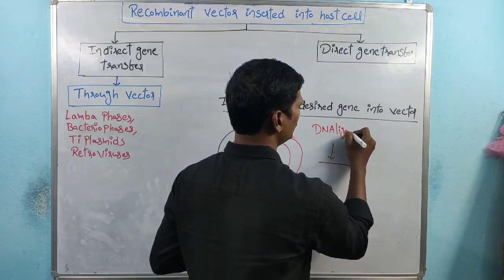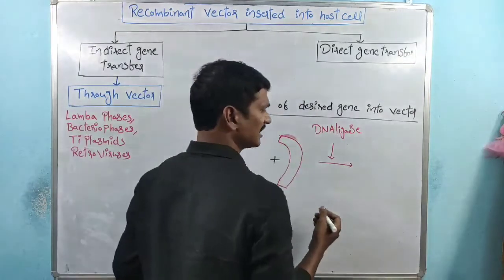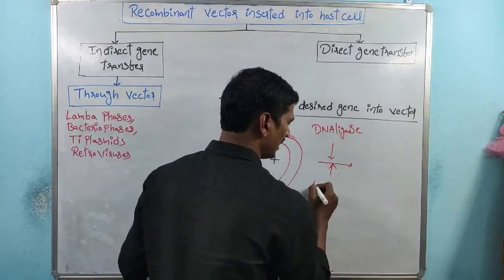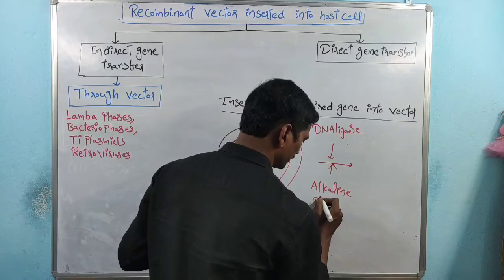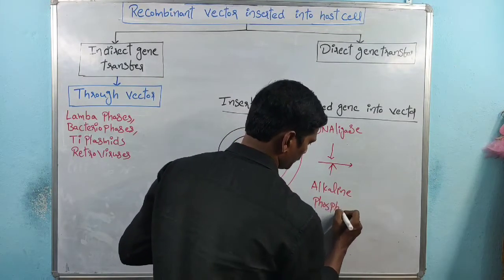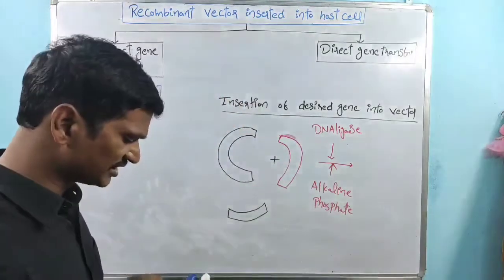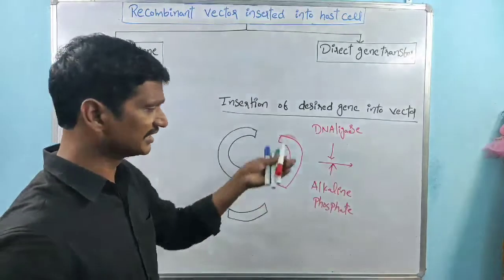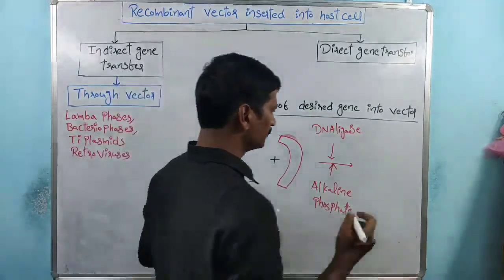We know DNA ligase enzyme, and we know that in its absence there is alkaline phosphatase enzyme. Only one of these enzymes, either DNA ligase or alkaline phosphatase, we use.